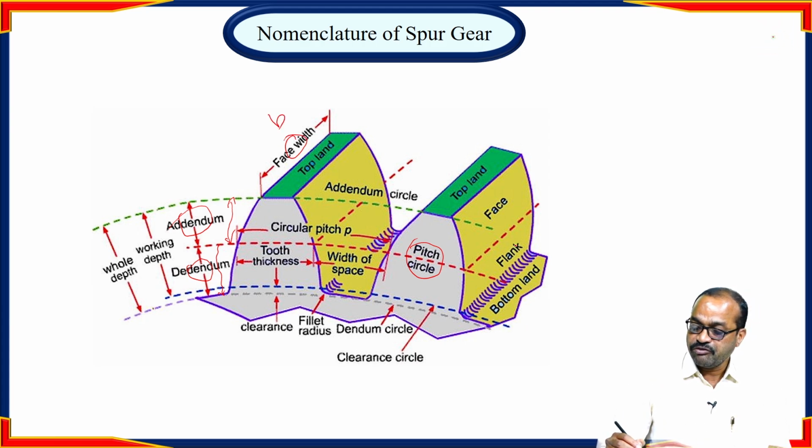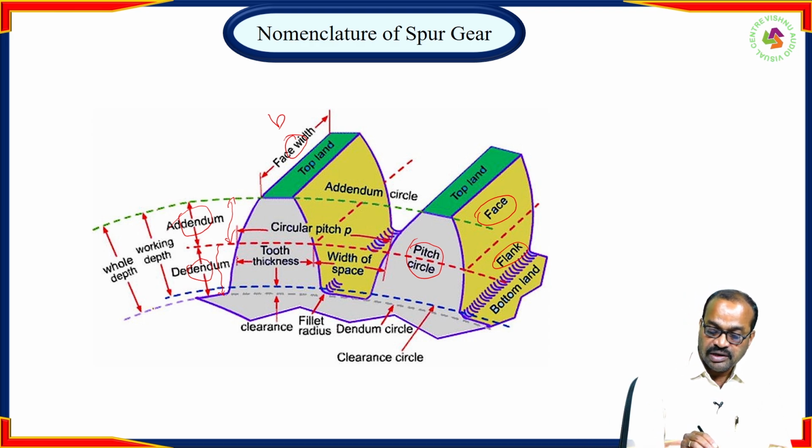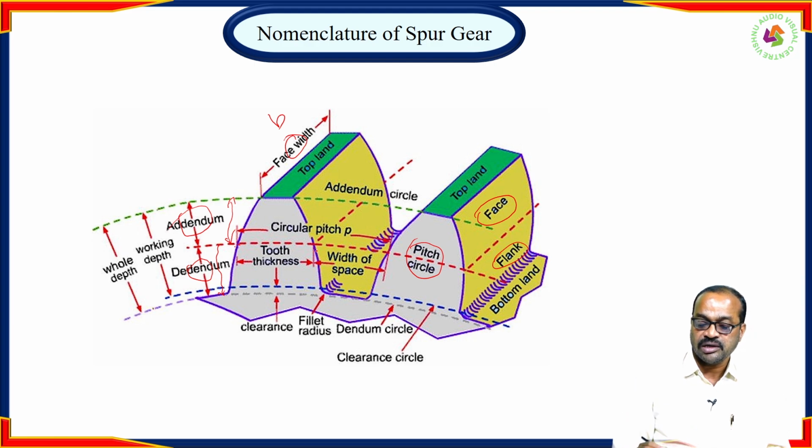This portion is the face of the tooth and this portion is the flank of the tooth. And tooth thickness is the distance along the pitch line from one end of the tooth to the other end. So these are all very, very important terminologies when you are dealing with spur gears.